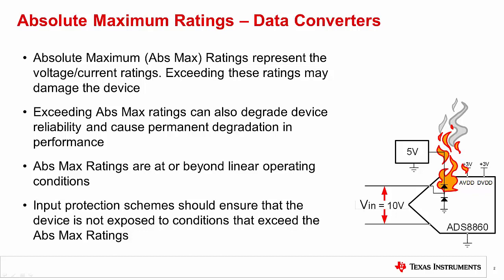Pushing the device to the absolute maximum ratings not only results in degraded performance as a result of being outside the linear region, but puts the device in danger of being damaged as well. As a reminder, the input should be protected so that EOS does not cause the device to exceed the absolute maximum ratings.